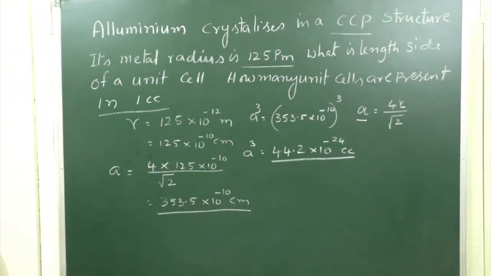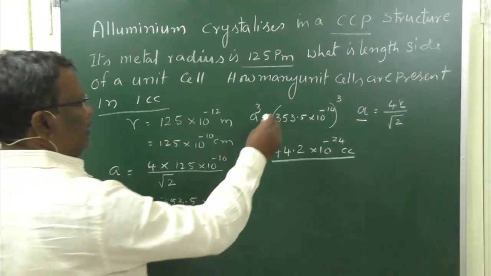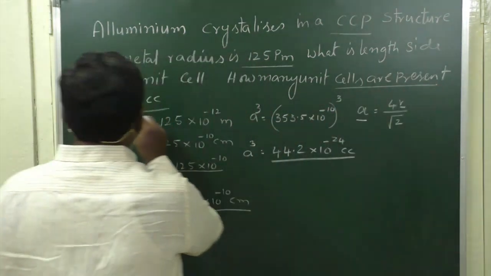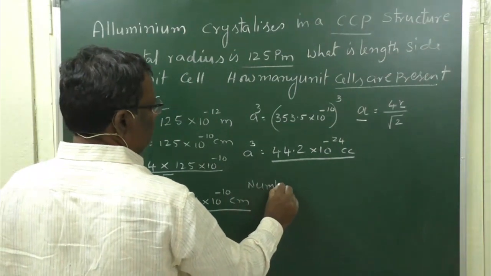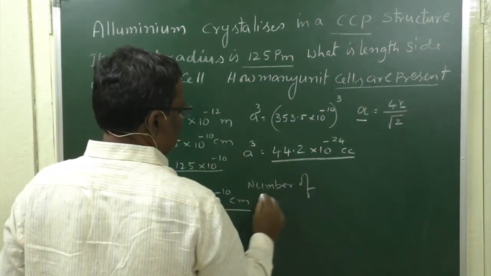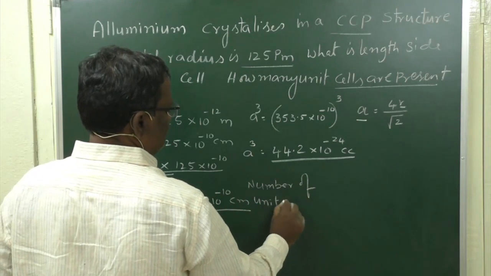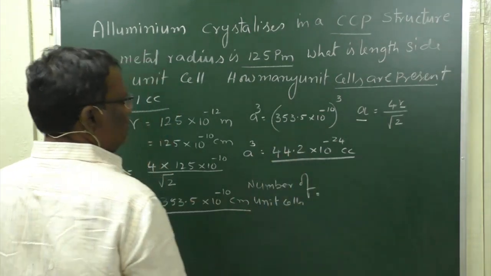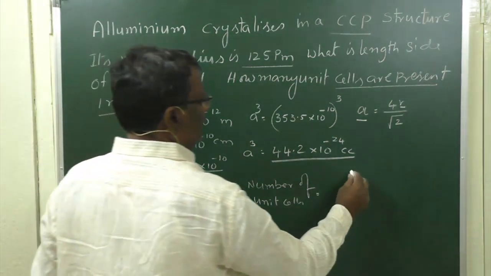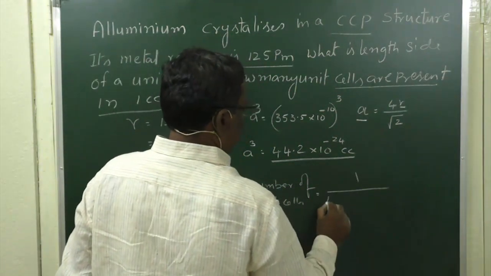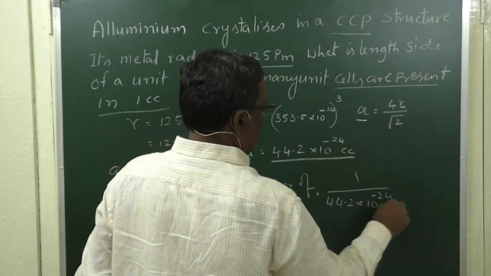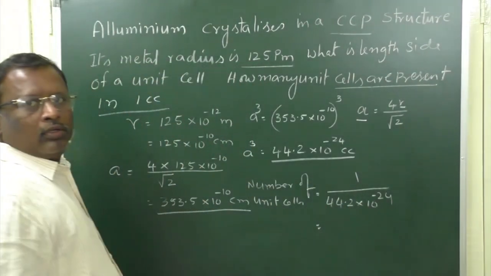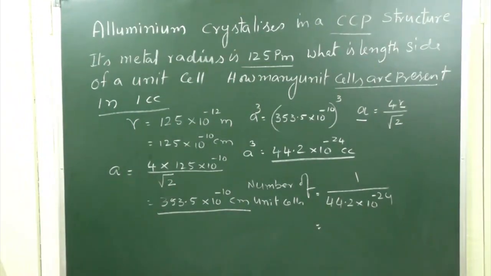Now, they are asking how many unit cells are present in 1 cc. So, the number of unit cells in 1 cc is equal to 1 by 44.2 into 10 to the power minus 24, required volume by volume of each unit cell.